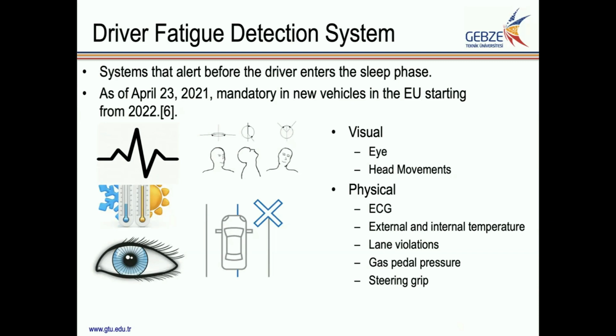But of course some of them are wearable ones. So for example, drivers may refuse to use these, but the visual ones are unwearable. So that's why they can be more acceptable to the drivers.